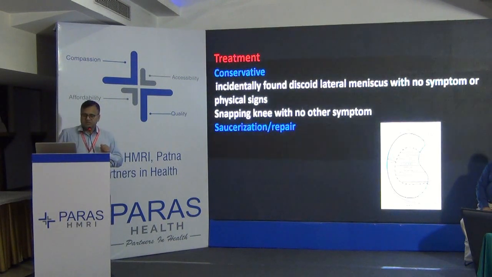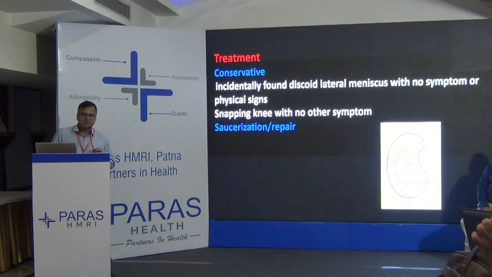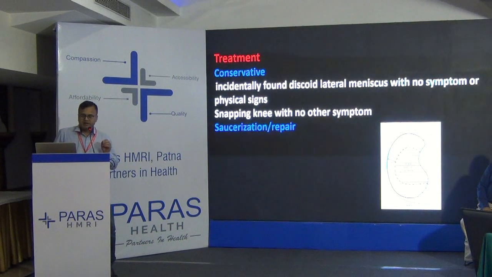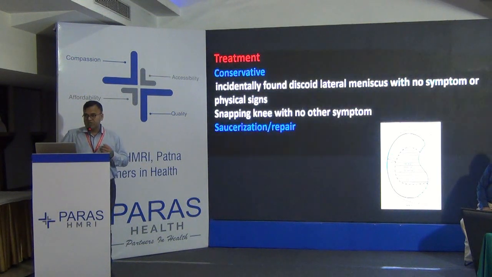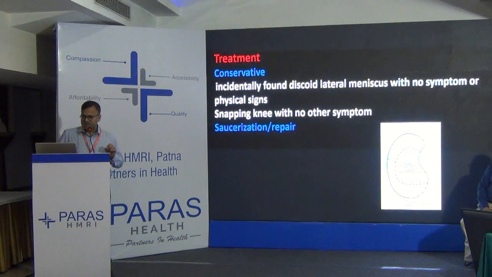But sometimes saucerization or repair is needed when there are symptoms, reduced range of movement, pain and the like. In saucerization, we just remove the central part of the meniscus, keeping the periphery intact up to 8 mm in the adult population, and approximately 6 mm in children.